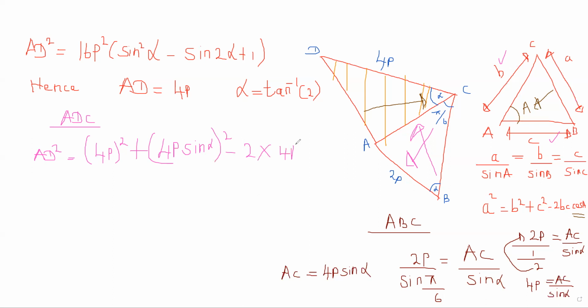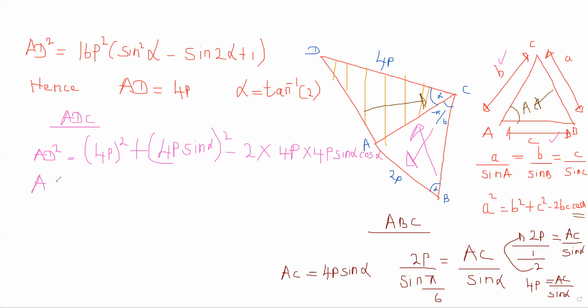What is my C? I have 4p sine alpha. Right. So cos A, in the place of cos, what we have? Alpha we have. Therefore, we can write this as cos alpha.